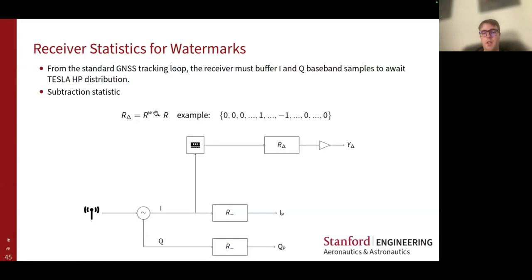For intuition's sake, I want to note that R_W, the watermarked replica, minus the replica, is mostly zeros, because they're mostly the same. So the subtraction would be mostly zeros. But in our intuitive example where there are 15 flipped chips, there'll be exactly 15 ones or minus ones inside that.